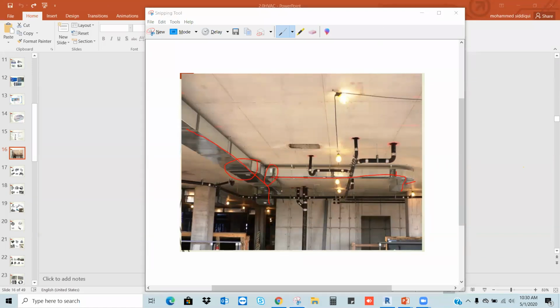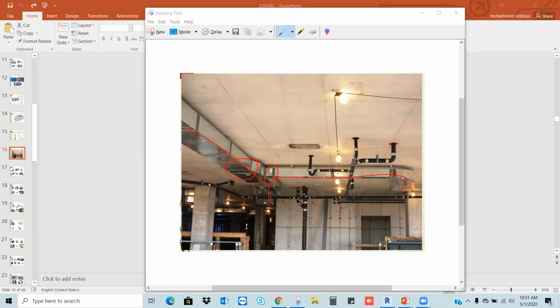In the same way here also, if you want to supply more air, I will use the bigger size of duct. If I want to supply less air, I will use the smaller size of duct. According to the quantity of air, this duct size will be changed. These sizes will depend on different factors. That is the design part.